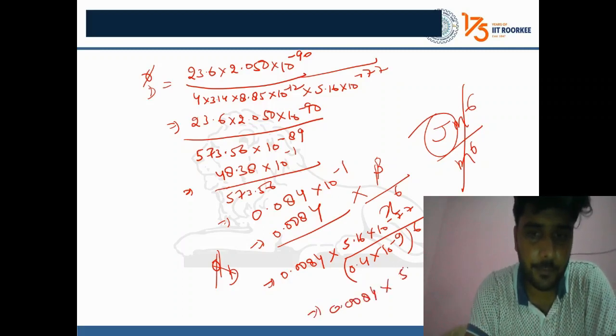0.0084 5.16 10 raised to power minus 77 divided by 0.4 raised to 6 and 10 raised to minus 54.